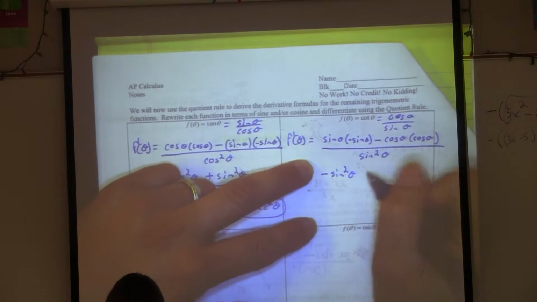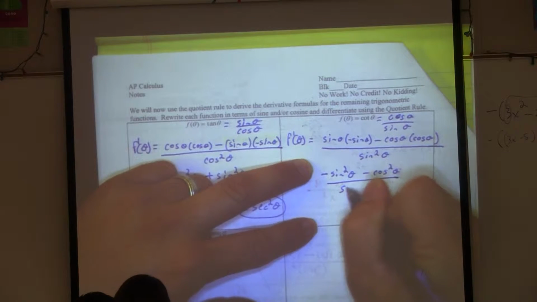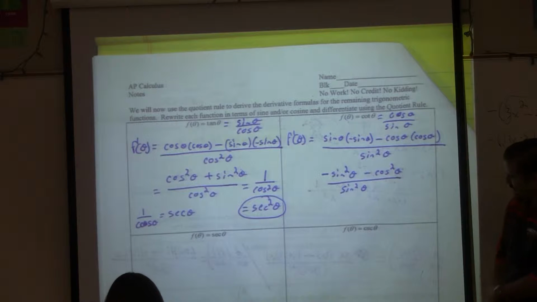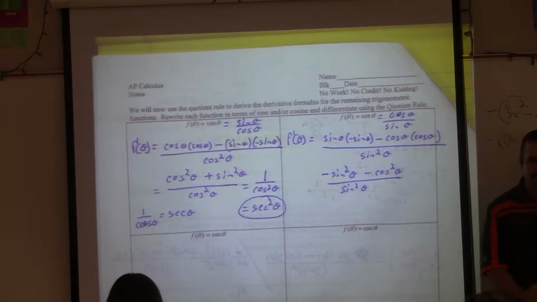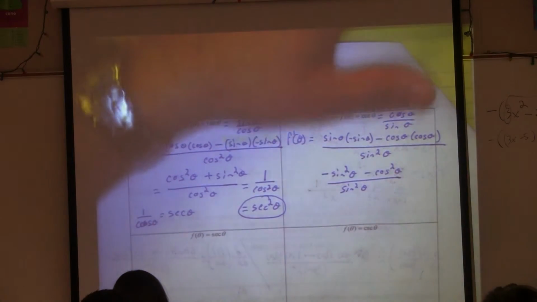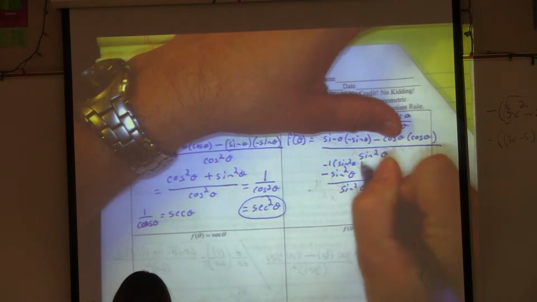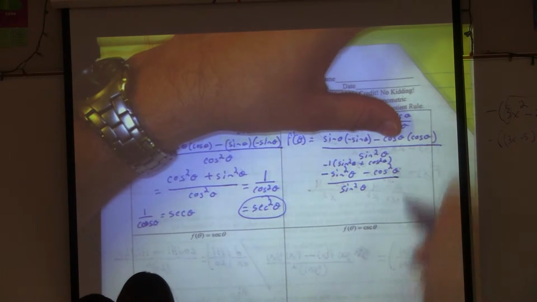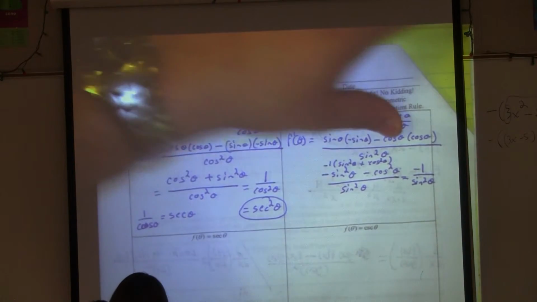Negative sine squared theta minus cosine squared theta over sine squared theta. Oh man, if it was only a plus and a plus. Take out a negative? You guys are good. If I take out a negative 1, that leaves me with sine squared plus cosine squared, and we know that's equal to 1, times negative 1: negative 1 over sine squared theta.